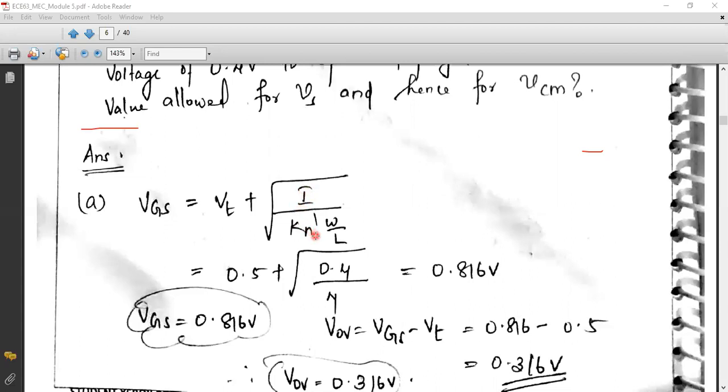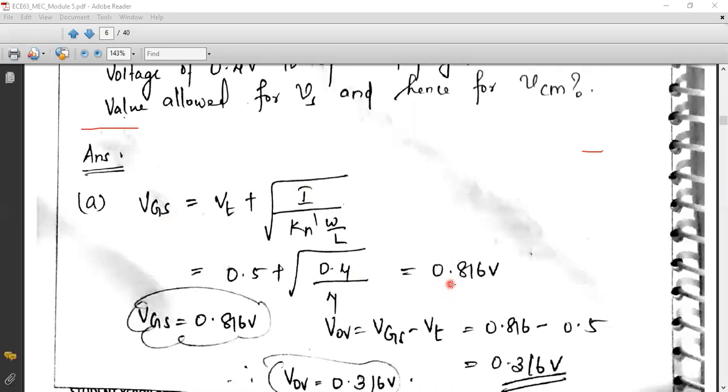Kn dash W by L is also in milliampere per volt square, so that milli by milli will cancel each other. So let it be as such, no need for conversion. Understood, students? No need for converting and making it complicated. Just substitute the values of capital I, Kn dash W by L, as well as the threshold voltage, and find the voltage across the gate and source.